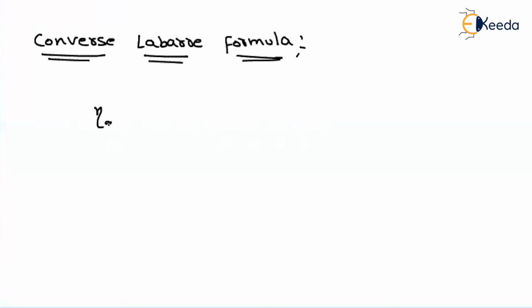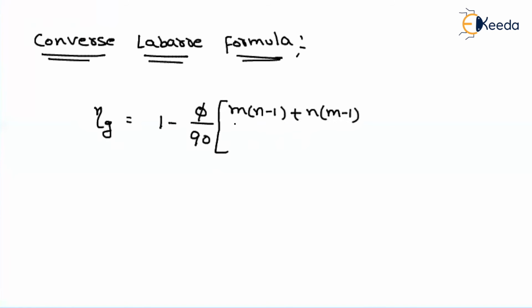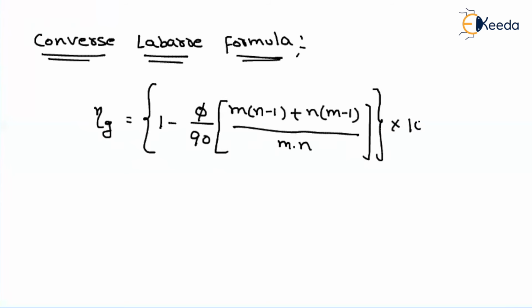So the efficiency of the group pile can be written as 1 minus phi divided by 90 into this relation. You can remember it easily: m into n minus 1 plus n into m minus 1, divided by m into n. As we are talking about efficiency in percentage, we have to multiply by 100.